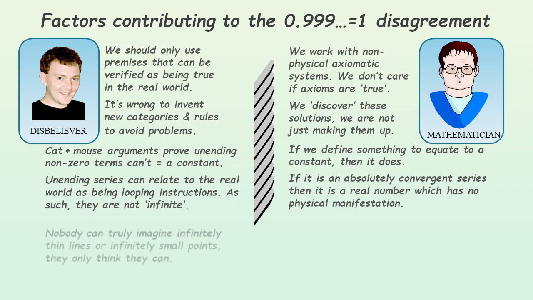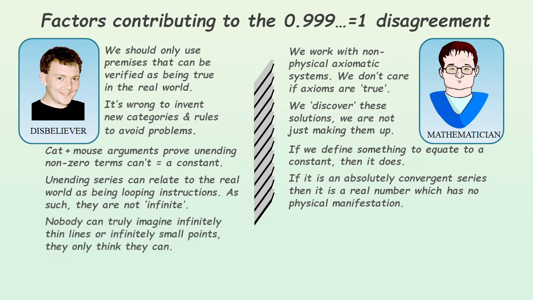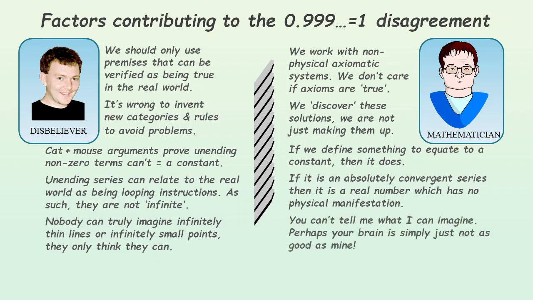We might contest that anyone can truly imagine infinitely small points on infinitely thin lines, but the mathematicians truly believe they can, and only an inferior mind would think that we can't do this.